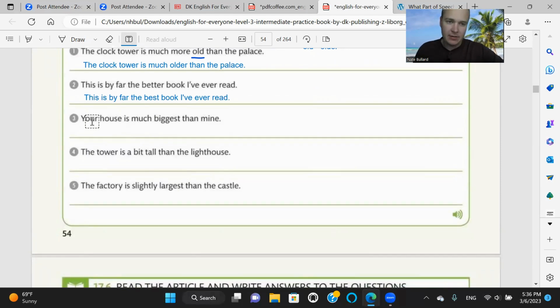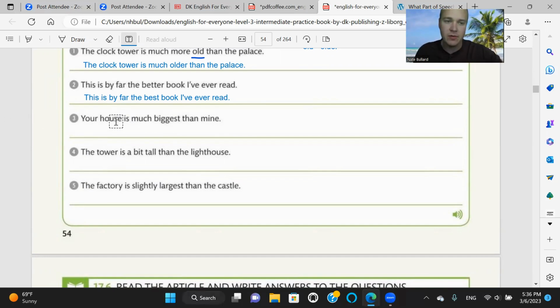Okay, your house is much biggest than mine. ¿Por qué no es correcto? Porque biggest es un superlativo. Biggest significa lo más grande, pero lo más grande de todos o de cualquier lista que queremos poner.